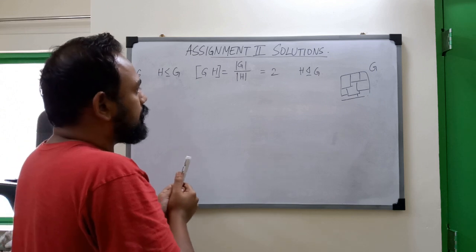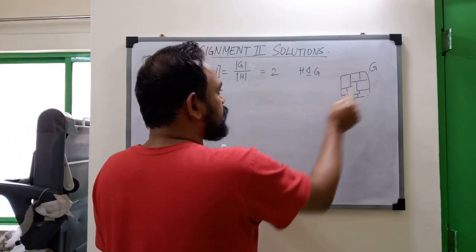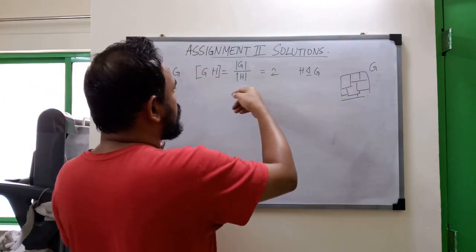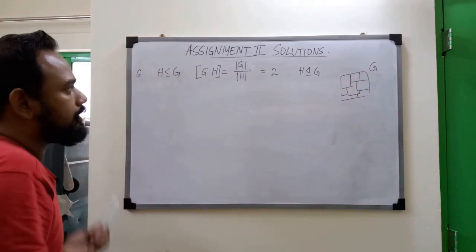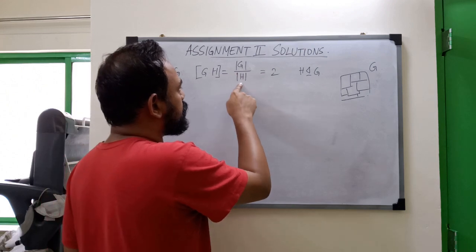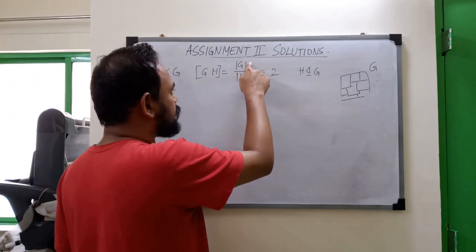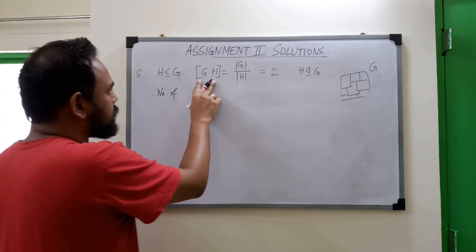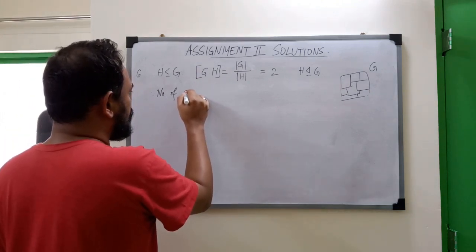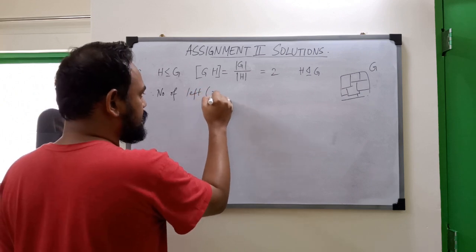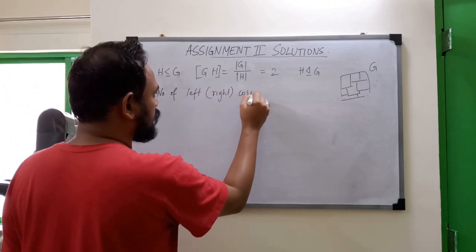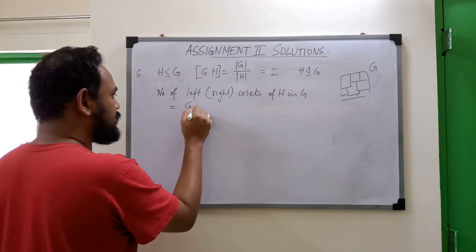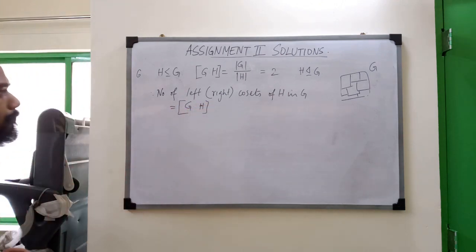So the number of partitions here is the same as the number of cosets H would have in G. That's what it means when you divide the number of elements in G by the number of elements in H. So what this index really tells us is the number of left or right cosets of H in G, which is equal to the index of H in G.